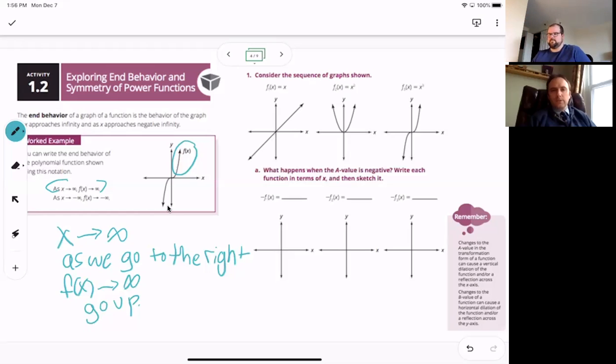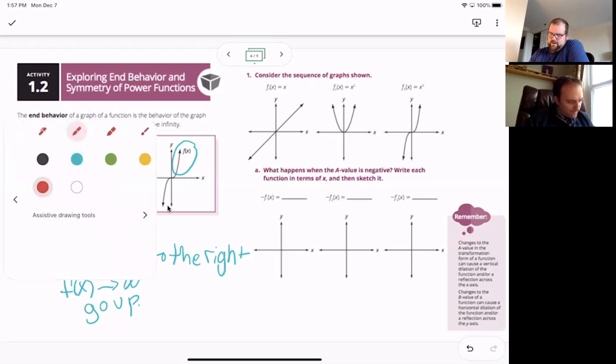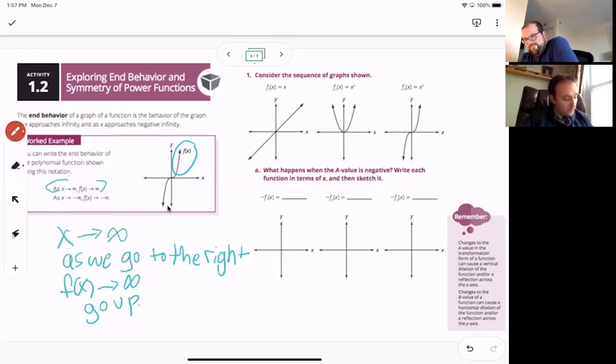All right, so we're supposed to consider the sequence of graphs shown. What happens to the graph when the a value is negative? Write each function in terms of x, and then sketch it. So we've got some algebra stuff and some visual stuff here. I didn't notice that there were little numbers there. So f1 is x. Negative f1 would be negative x. So the graph would just go whoop.